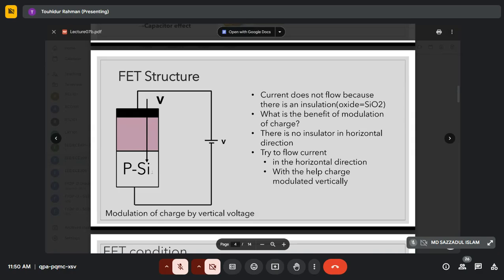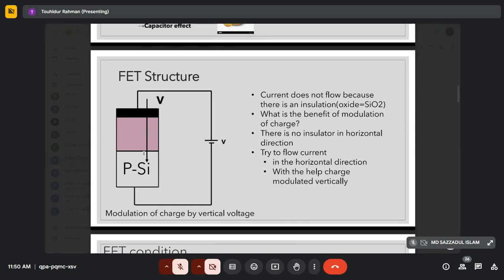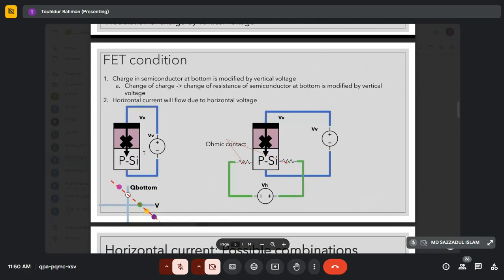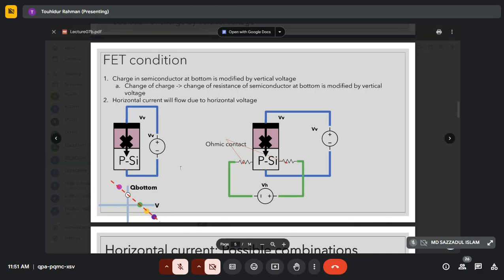And if the vertical current is zero, why are we applying vertical voltage? These are the things you need to understand. If we cannot have vertical current, which direction will the current flow in a MOSFET? Or another way to say it, what is the possible direction of current flow?